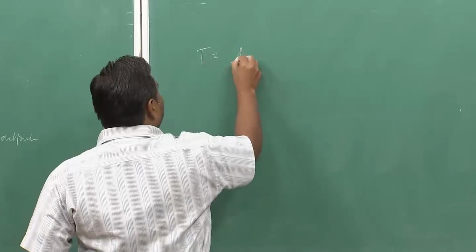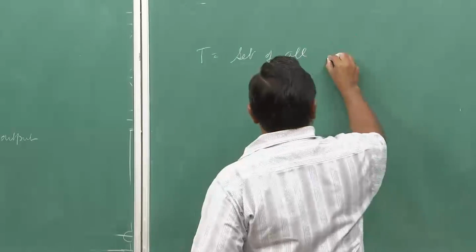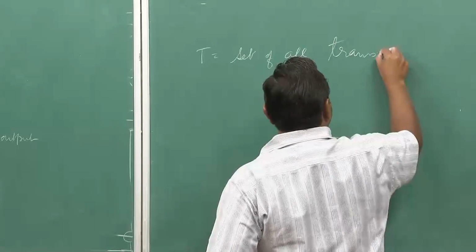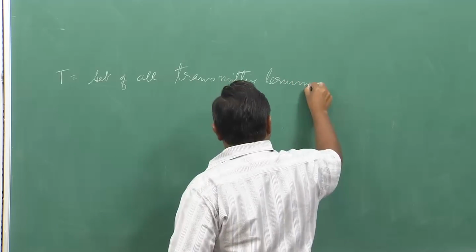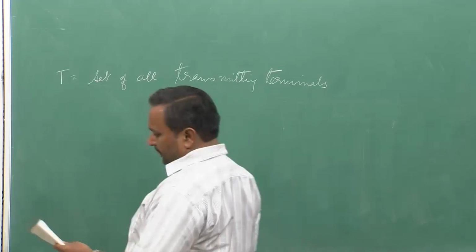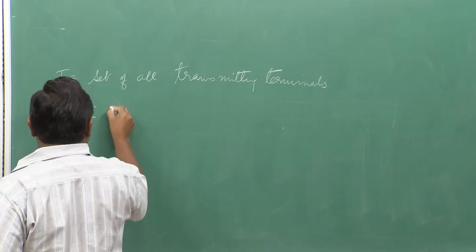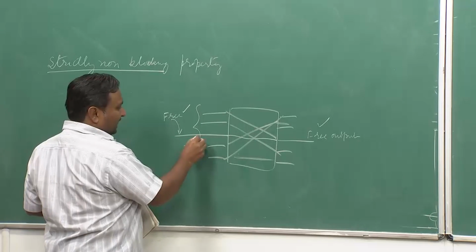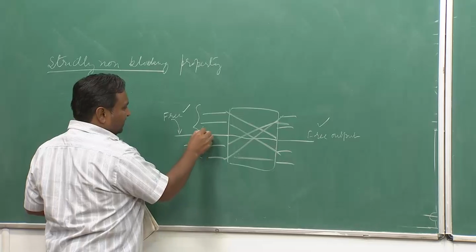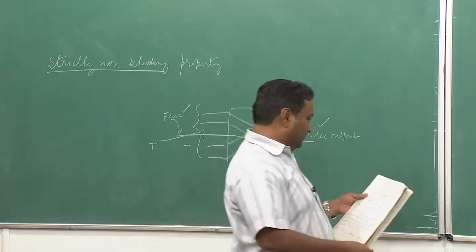If T will be the set of all transmitting terminals which are basically inputs of the switch, we have some T prime which is a subset of T. So, which actually means this whole thing is T. I can actually have some small number of things which are T prime. So, T prime will be a subset of this. This can be any set. Okay.